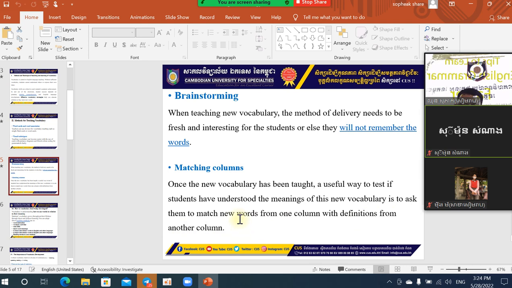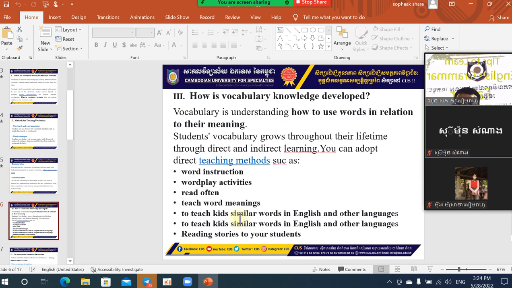Yes, for another point, another question: how is vocabulary knowledge developed? Vocabulary is understanding how to use words in relation to their meaning. Students' vocabulary grows throughout their lifetime through direct and indirect learning.